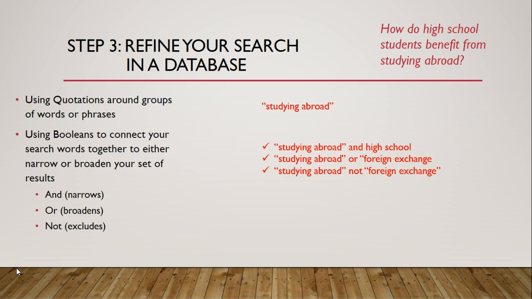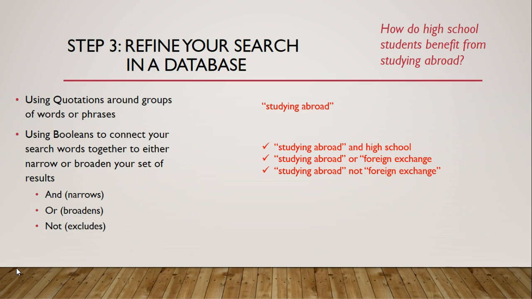So if we use studying abroad and high school, it's going to search for studying abroad and high school within that text. If we use or, such as studying abroad or foreign language, we're looking for either one of those. So that's going to broaden the number of results that you get.